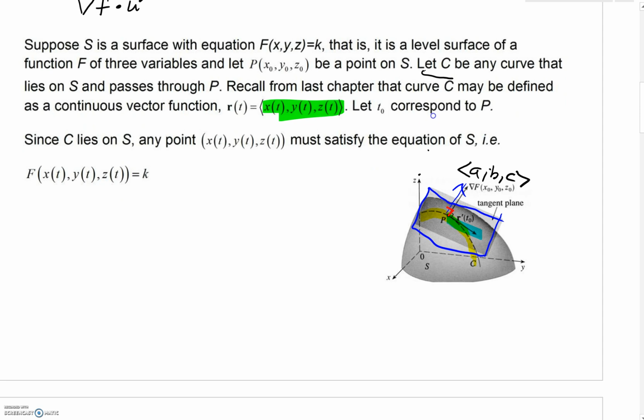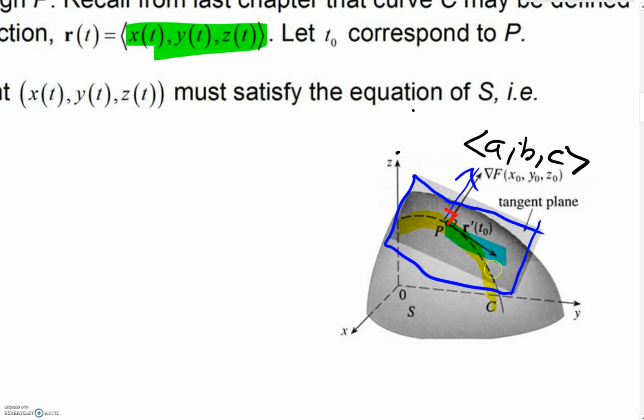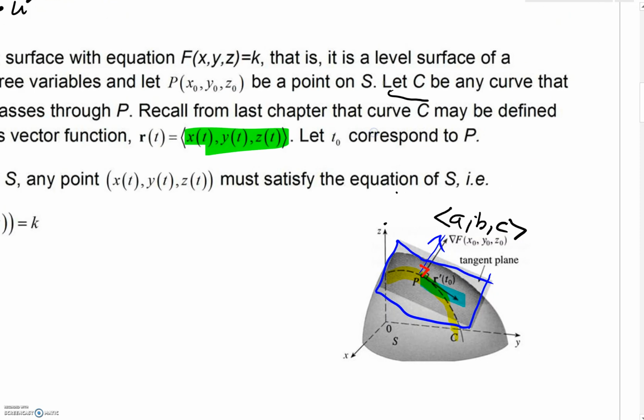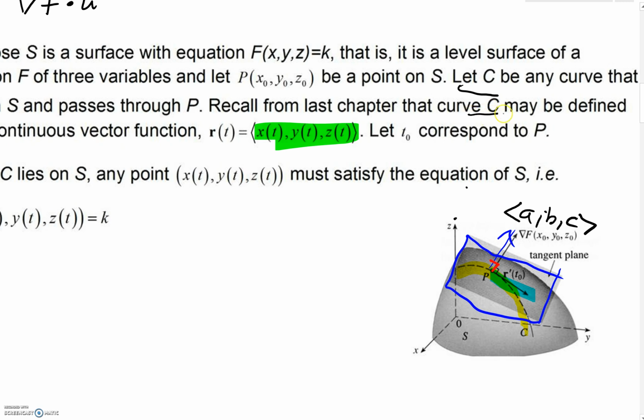Now, that C, I've highlighted in yellow here. And you might remember from chapter 13 that C can be defined as a continuous vector function, a function of t. So there is some t value that corresponds to the point.